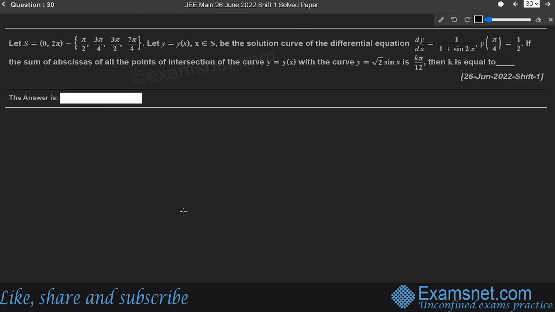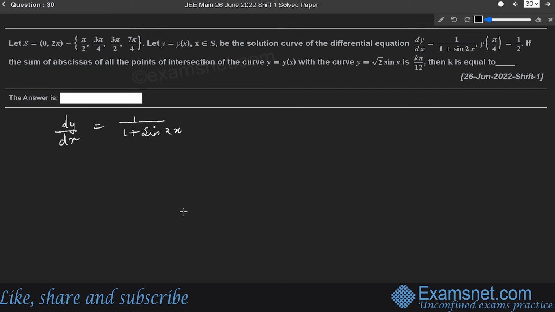Next question is, let S equal (0, 2 pi) minus the set {pi by 2, 3 pi by 2, 3 pi by 4, 7 pi by 4}. Let y equal y of x, where x belongs to S, be the solution curve of the differential equation dy by dx equals 1 upon 1 plus sin 2x, and y of pi by 4 is equal to 1 by 2.